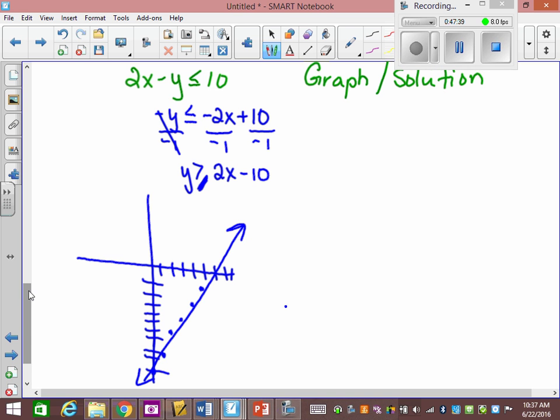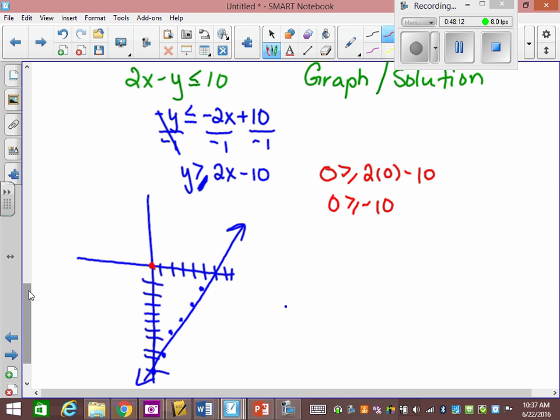Okay, now how do we decide where to shade? Test point. And I always use test points off the x-axis. And if the line doesn't go through 0, 0, I always use 0, 0. So I'm going to try it out. 0 is greater than or equal to 2 times 0 minus 10. 0 is greater than or equal to negative 10. Is 0 greater than or equal to negative 10? Yes, if you have $0, is that more than if you have negative $10?